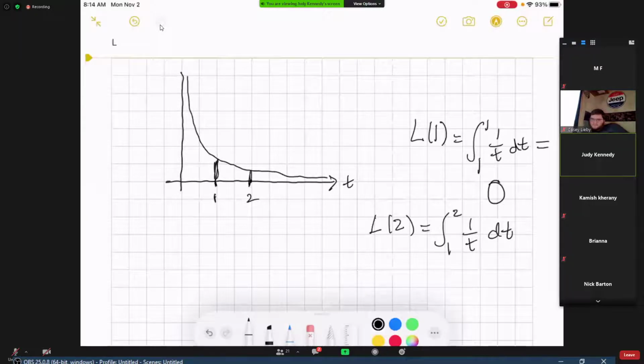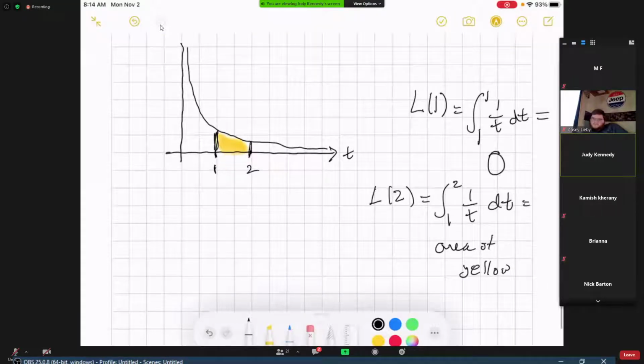That would actually be giving me the area of this region right here, the yellow region.